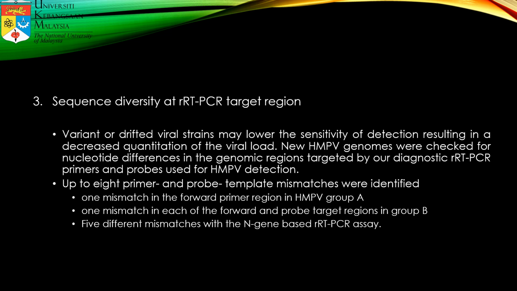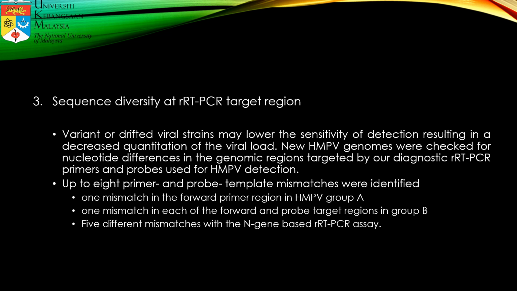For the sequence diversity and the reverse real-time PCR target region, a variant virus strain may lower the sensitivity of detection, resulting in a decrease in the quantification of viral load. New HMPV genomes were checked for nucleotide differences in the genome region targeted by our diagnostic reverse real-time PCR primer and probe used for HMPV detection.